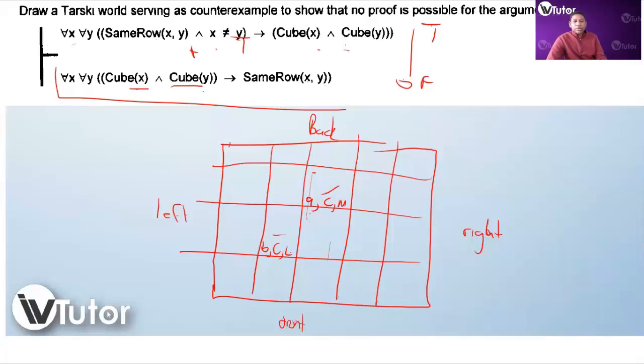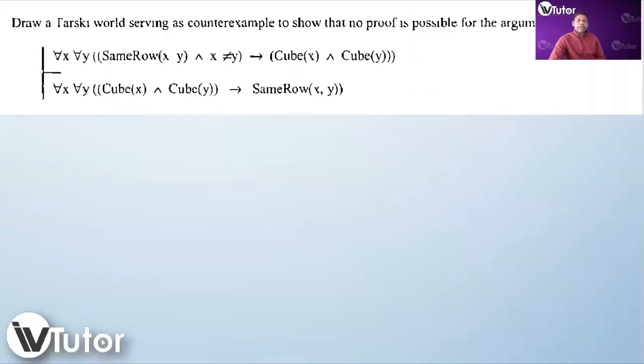I find you two cubes. They should be in the same row. No, they're not in the same row. Therefore, this is a potential model that can serve as a counterexample to show that no proof is possible. So this is the same one from different papers.